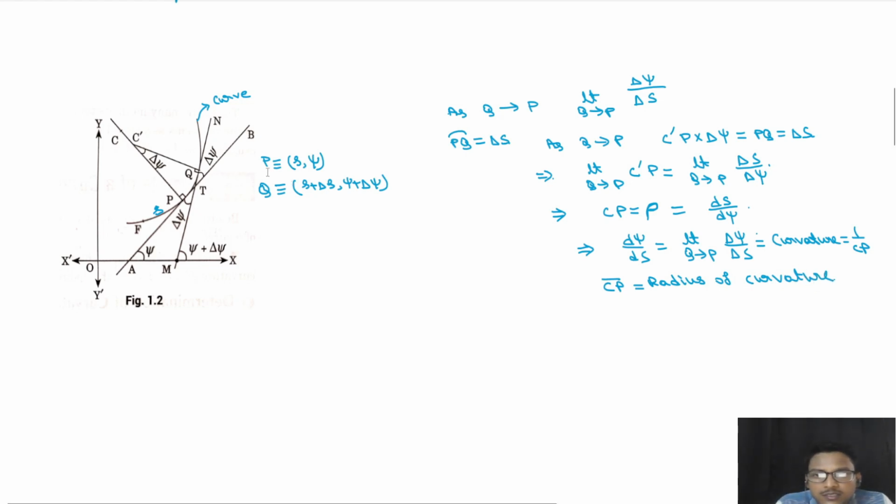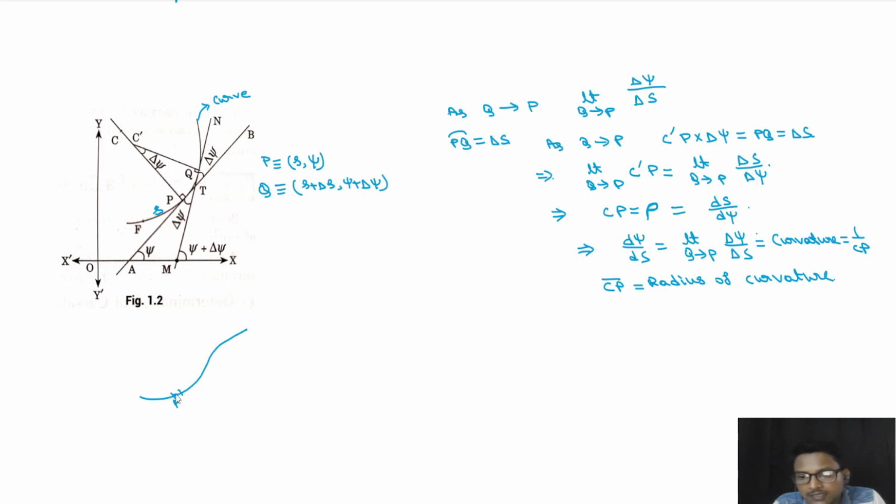So I think the idea of curvature and radius of curvature is clear. So what we actually do here, whatever the curve is, for a point on the curve, we consider a very small portion around P, and we find out of which circle this is a part.